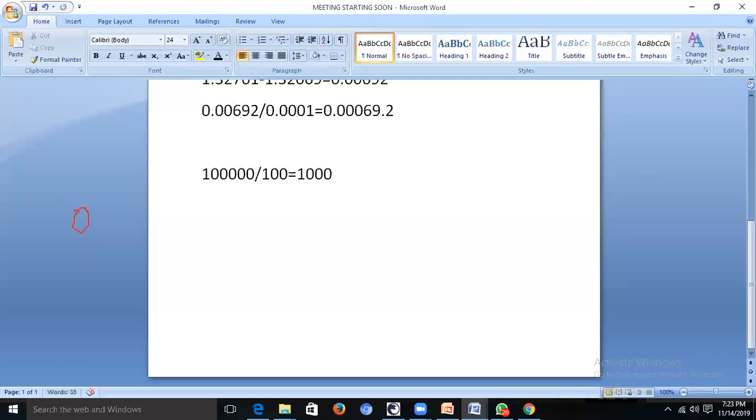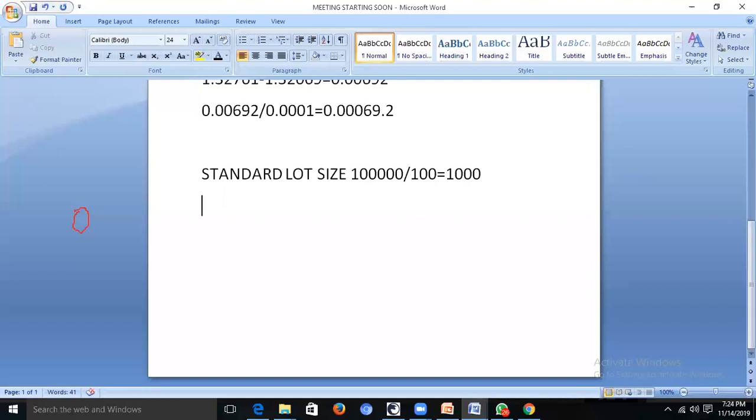This is for a standard lot. Standard lot size. So you must have at least this $1,000 because you are controlling hundreds.